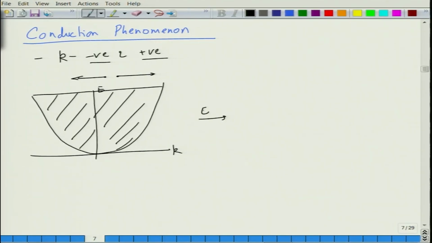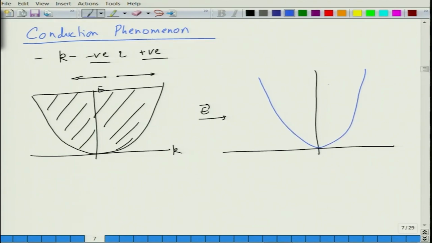When you bias the material, when you apply an electric field, so this is your potential energy well. Let us say the electric field vector points in this direction from positive to negative. You can see that electrons which move to the positive end of the applied field acquire extra velocity.